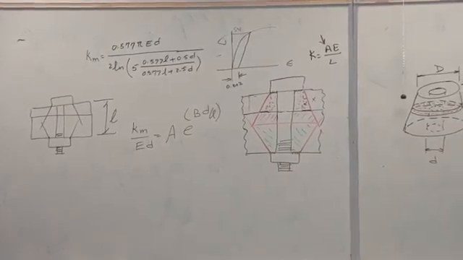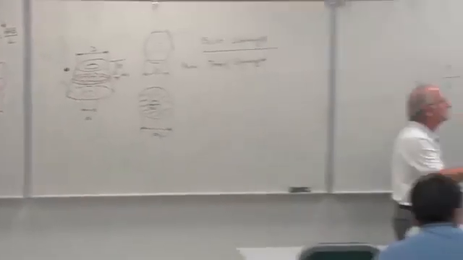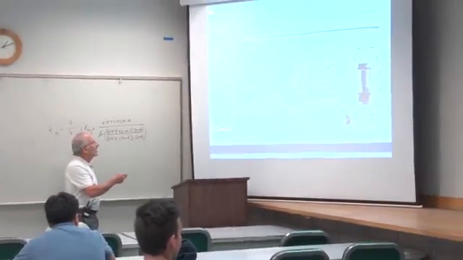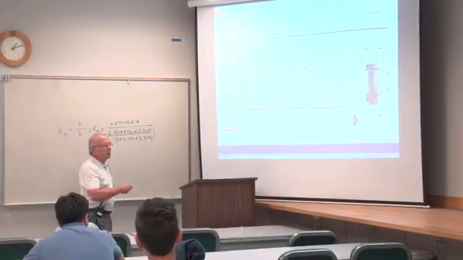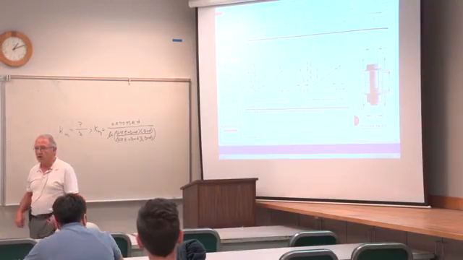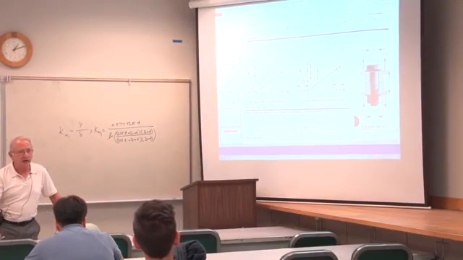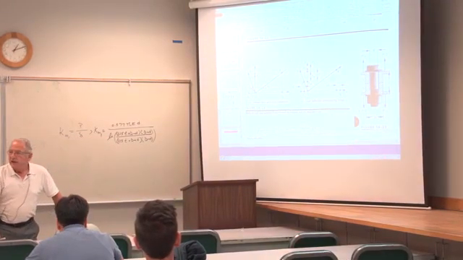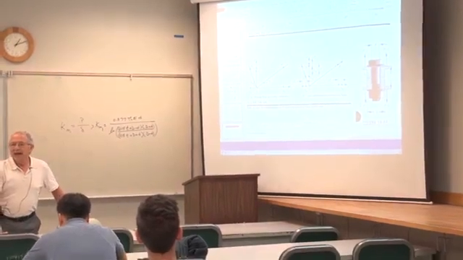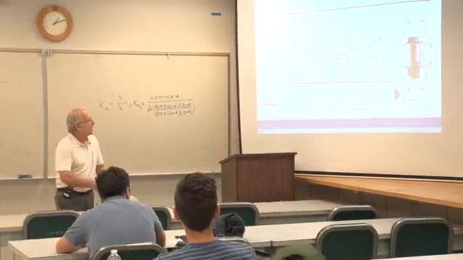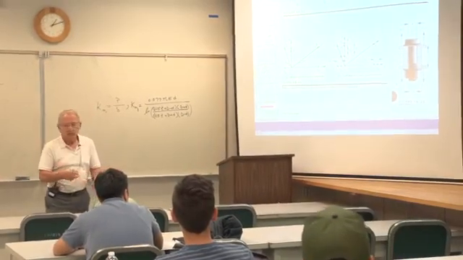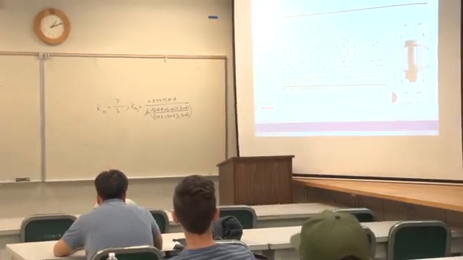The preload, we call the preload Fi. Fi compresses the member that much, extends the bolt that much, because the stiffness of the bolt is smaller than that of the member. Now we come in and we add an externally applied load P. As we do so, what happens to the compression of the member?